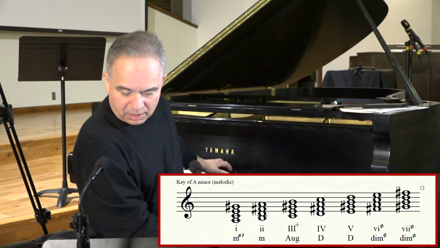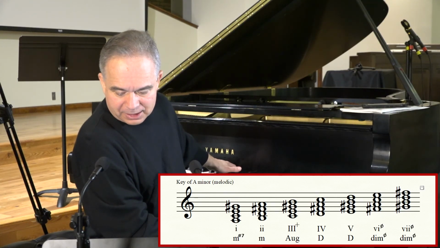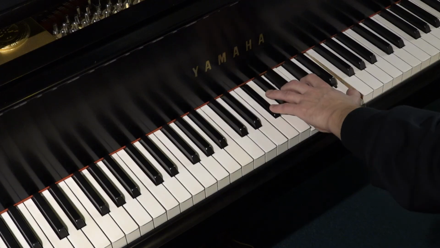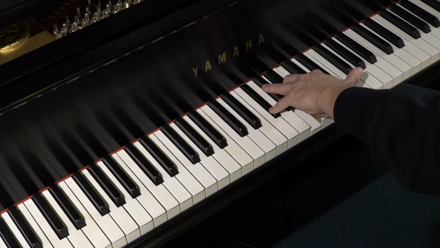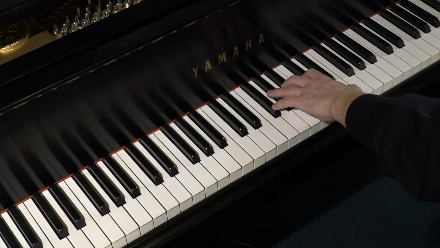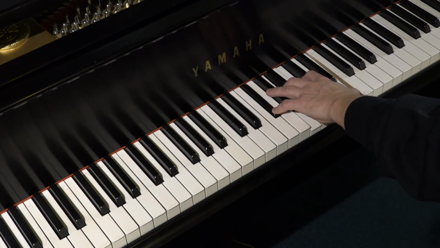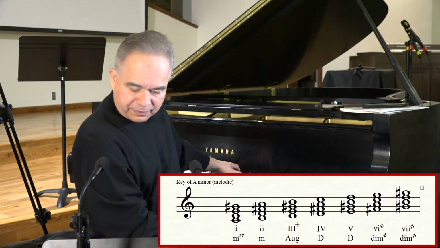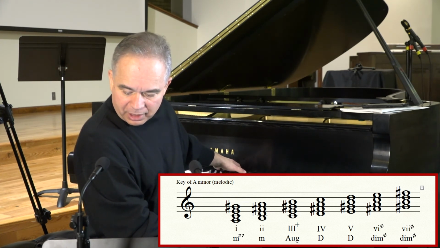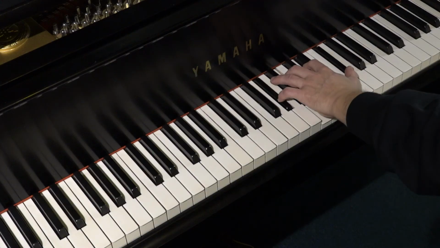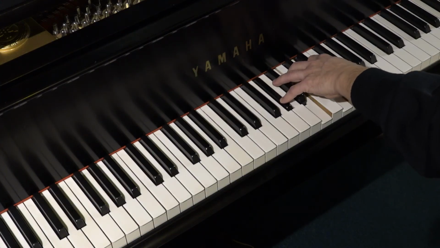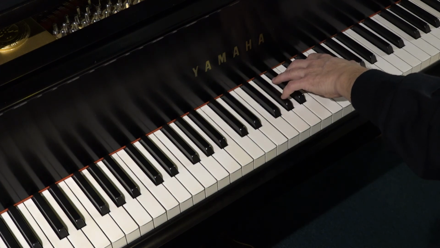Interesting. The sixth degree has a half diminished, that diminished triad with a minor seventh. And also on the seventh degree, we have exactly the same: a half diminished, a diminished triad with a minor seventh.